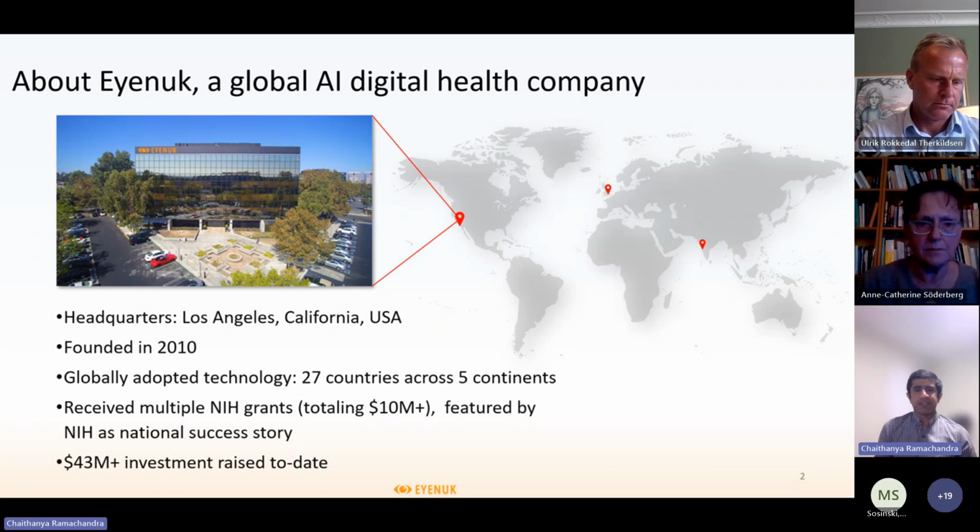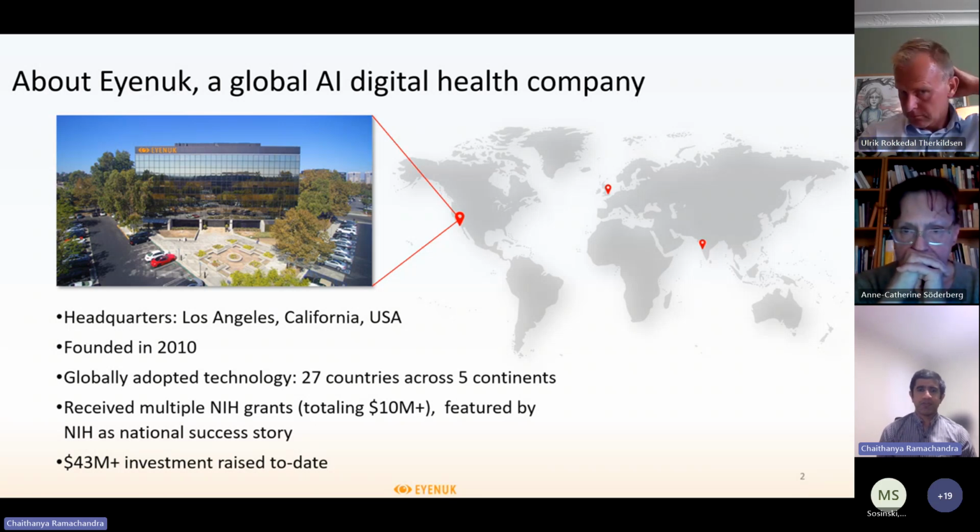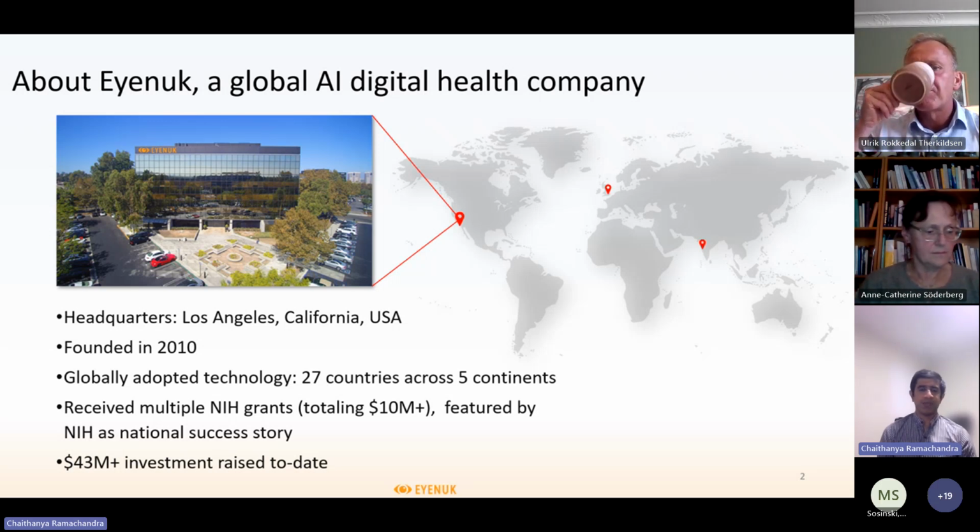We originally started with the help of NIH grants. So we had these projects that we had in mind for which we got funds from NIH, and that is how we were born. And we've raised some investment for our prospective clinical trials.